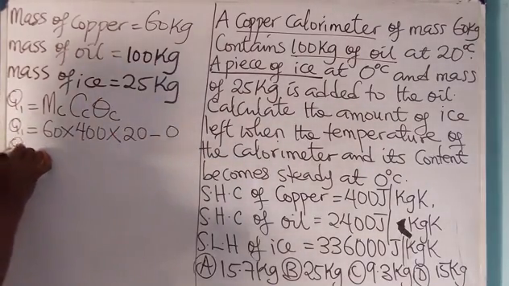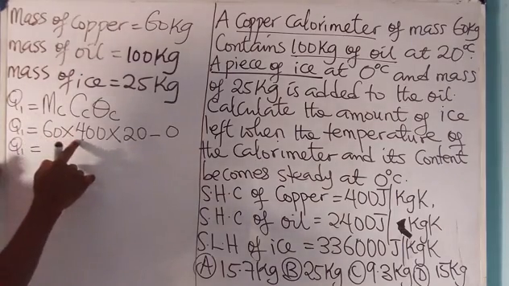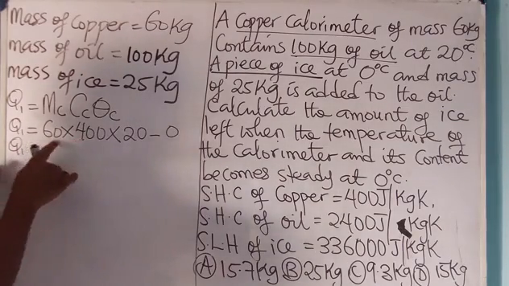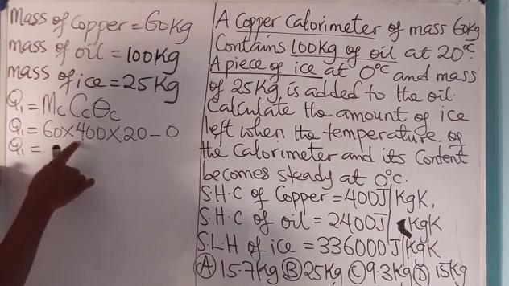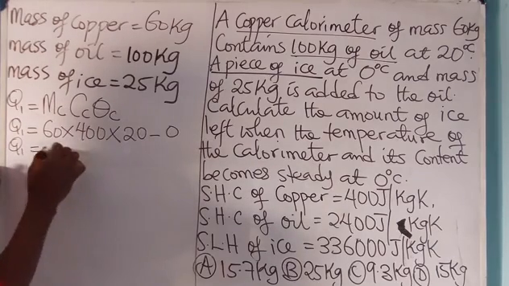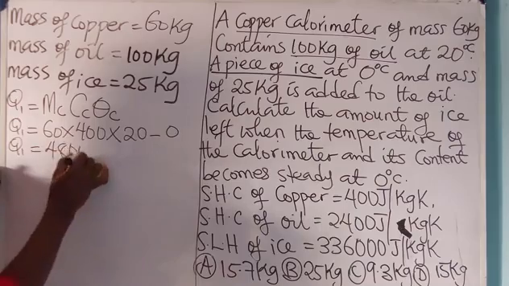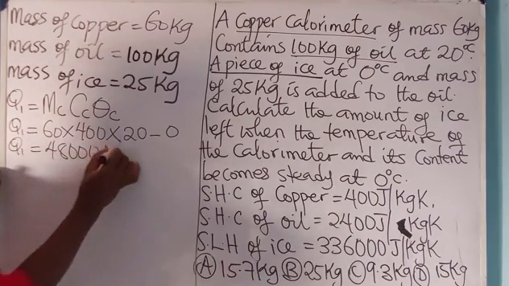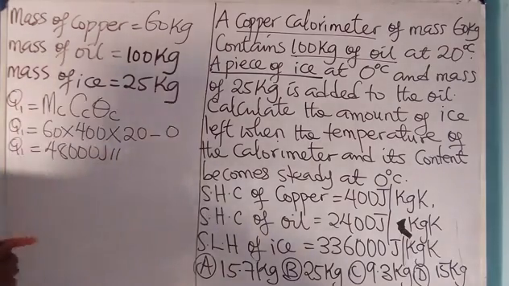Doing that, I have Q1 equals 6 times 4 is 24, 24 times 2 is 48, so 48,000 joules.